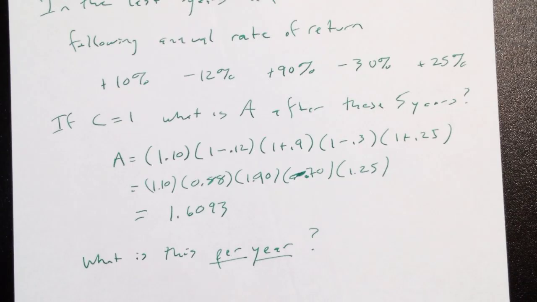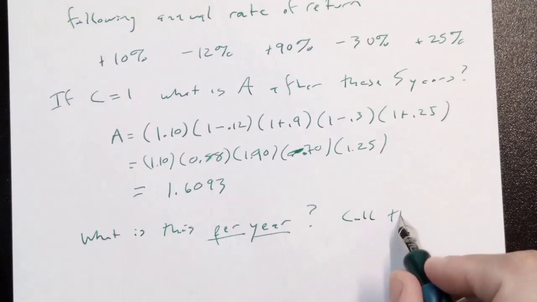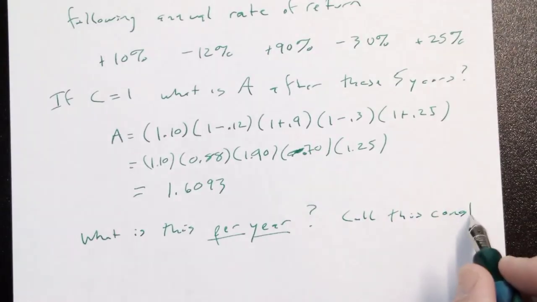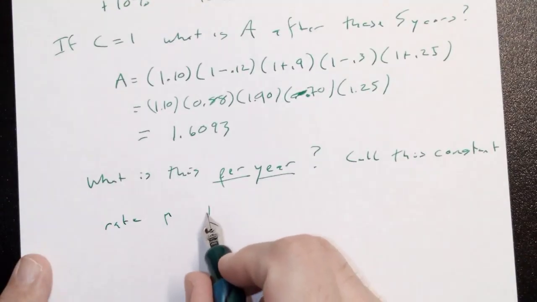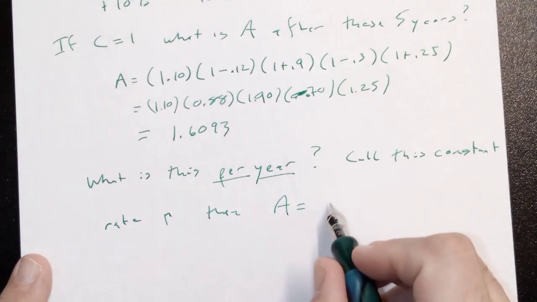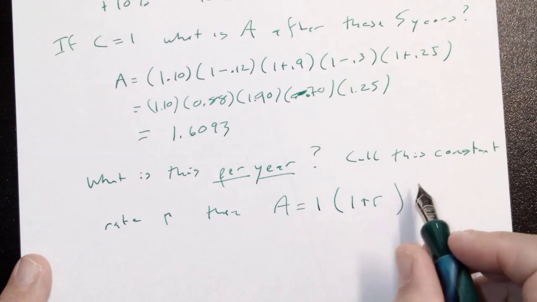I multiplied something 5 times. If the rate was constant, like we did in the example, I would have had 1 and then 1 plus R, right? But I've done 5 years. So if I did it at a constant rate, what goes up here?